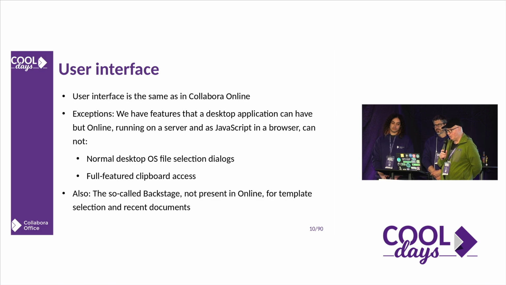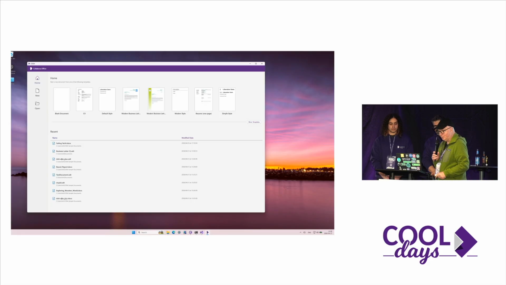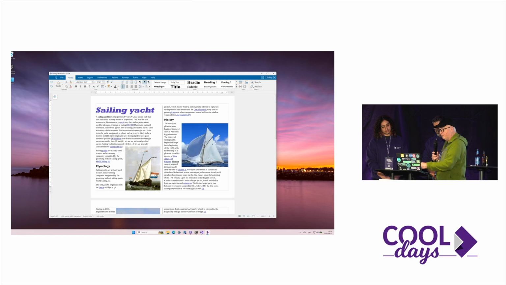And then we have this so-called backstage thing implemented in JavaScript that we use to select templates when you start it or when you want to open a new document. You see here a list of your previous documents and templates that you can choose. This is something that probably will be improved quite a lot in the future. And otherwise it looks the same as in online.